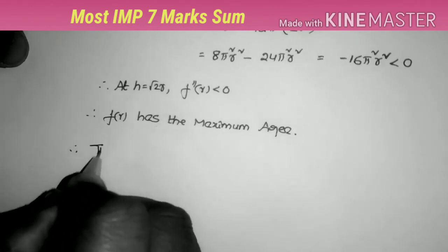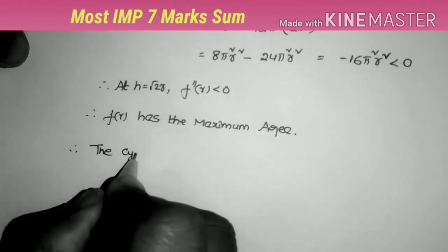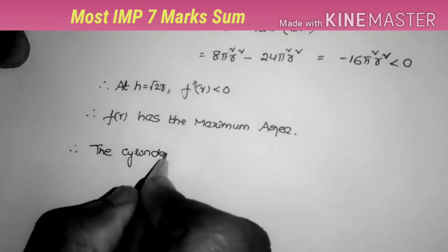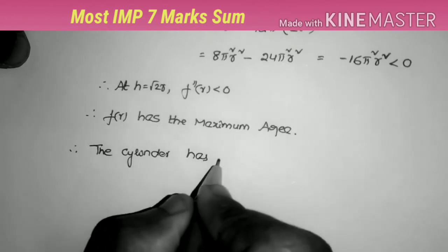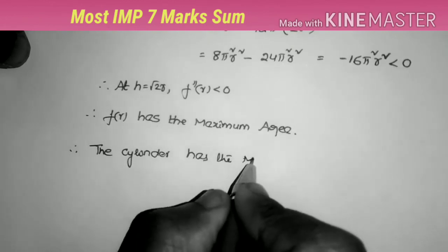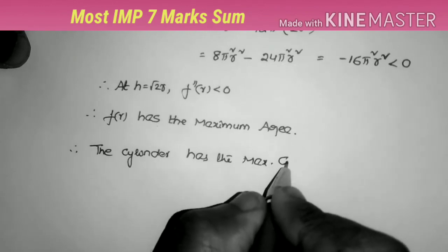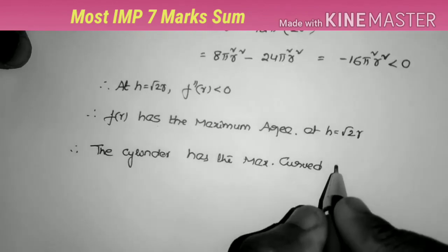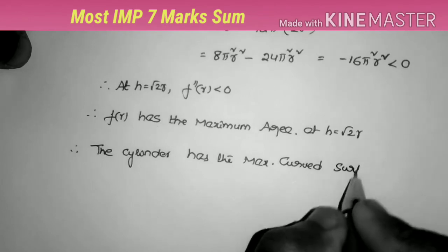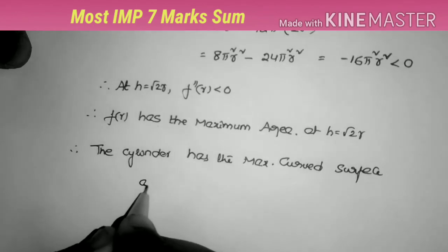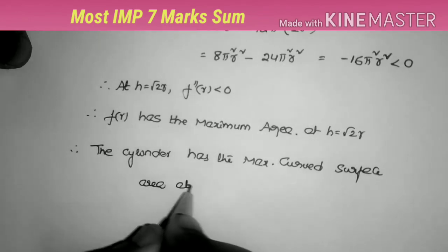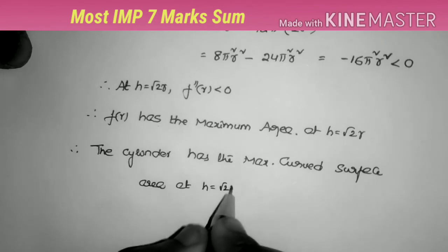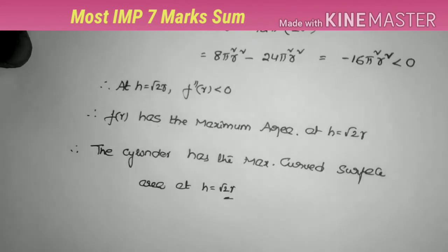Therefore, the cylinder has the maximum curved surface area at h is equal to root 2r, which is the required answer. Maximum curved surface area at h is equal to root 2r. That's all. The most important essay question for 7 marks.